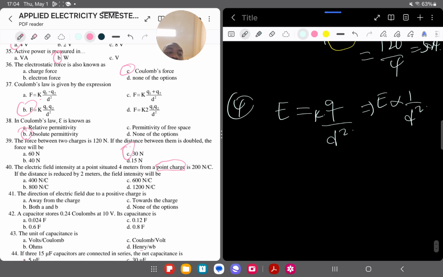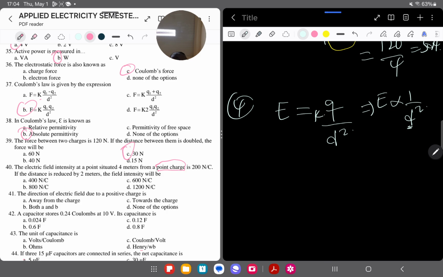Now we can use the same case here, right? But this time we are giving the distance to be 4.